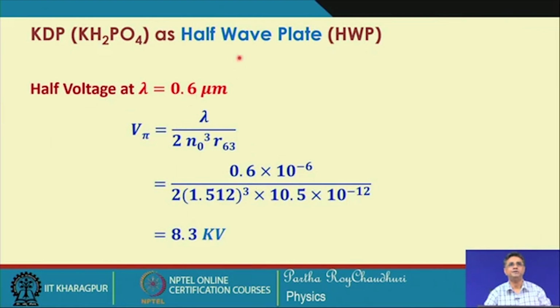So, the half-wave voltage in this case for lambda equal to 0.6 micrometer, we can calculate, is 8.3 kV for this value of the electro-optic coefficient, and this is your ordinary refractive index at the operating wavelength of 0.6.